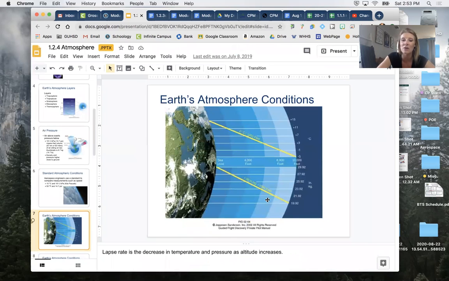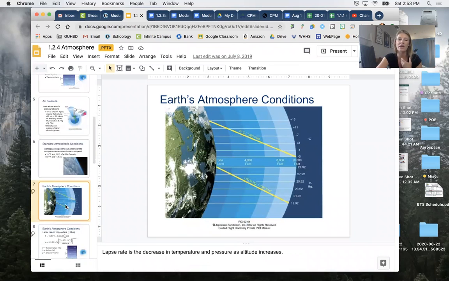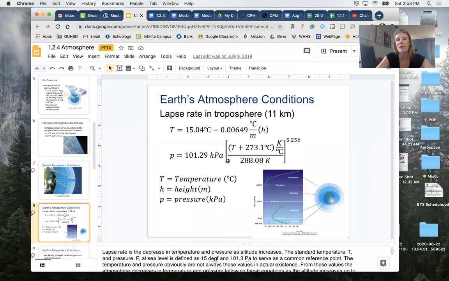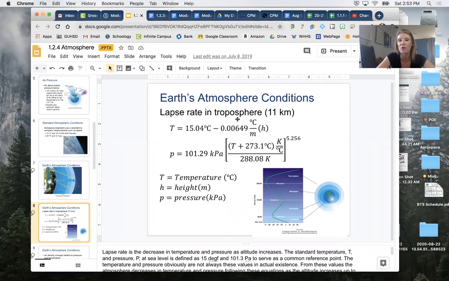So this is a standard grid of where they are getting some of the calculations in order to talk about lapse rate in the troposphere. The troposphere is, again, the sphere closest to us before you get into the stratosphere. So these are the calculations that you just saw, that 15.04 Celsius. That is used when we're talking about temperature.